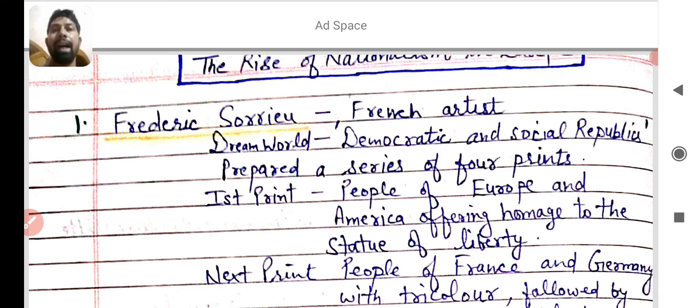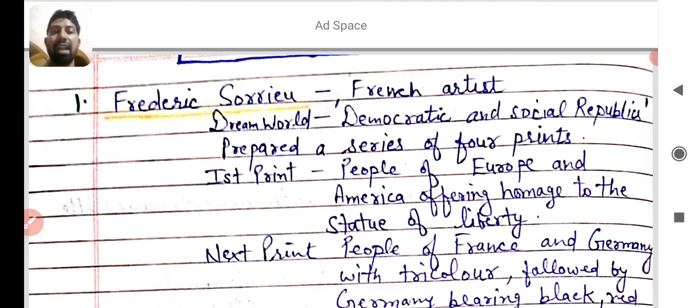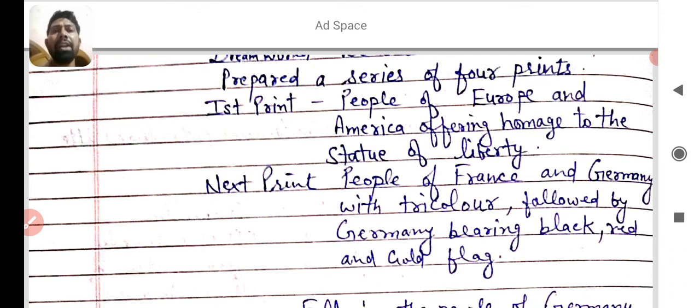You can see that the Statue of Liberty is there in the picture, and people of Europe and America are offering homage to it. In the next print, Frederick Sorrieu showed people of France and Germany with the tricolor, followed by Germany bearing the black, red and gold flag.